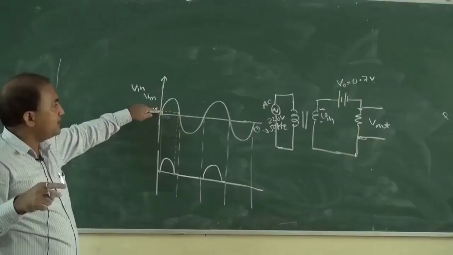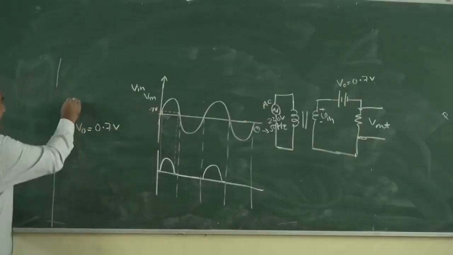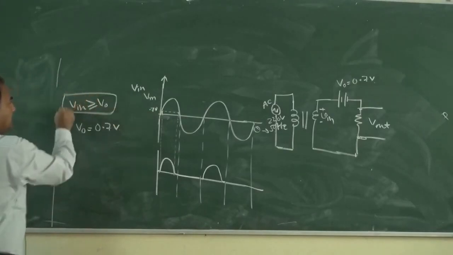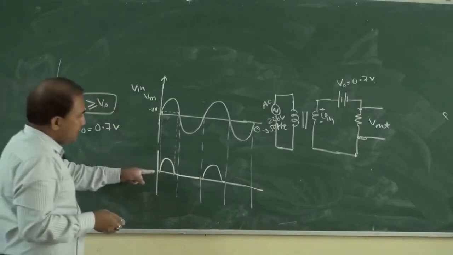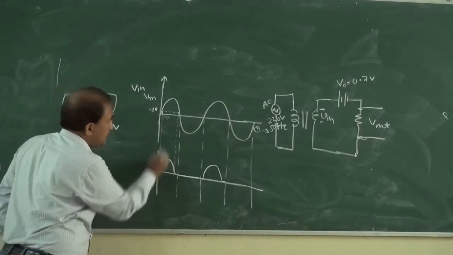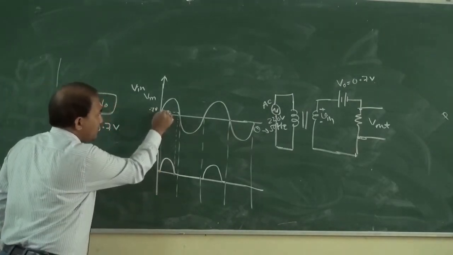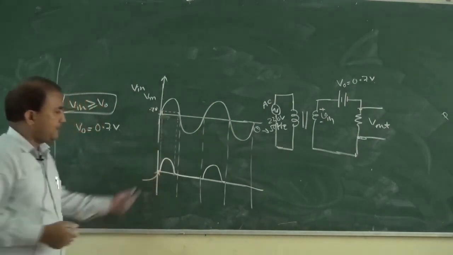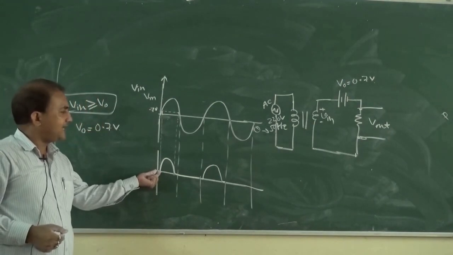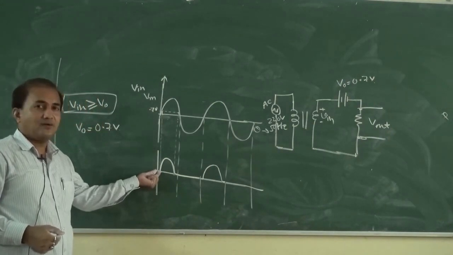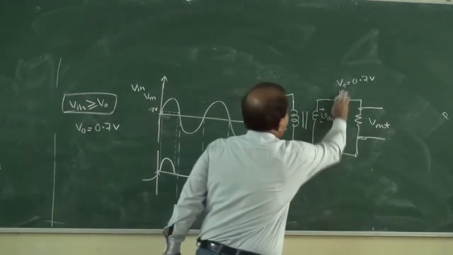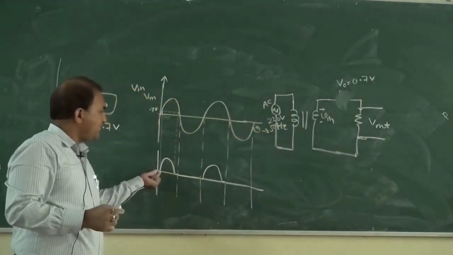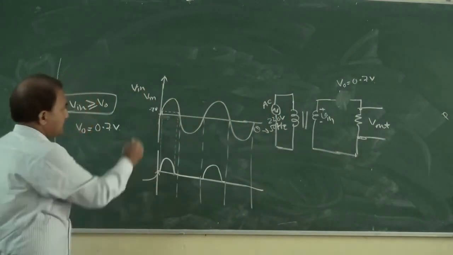Current will only go across the diode when Vin is more than or equal to V0. So till 0.7 volt, it is in reverse bias condition. Here we can see that V output is 0 because it is in reverse bias. It is open, so V output is equal to 0.